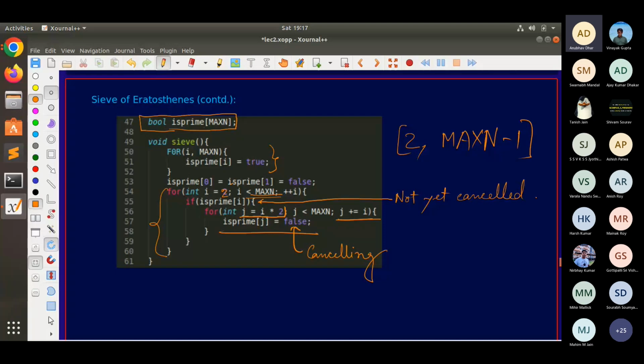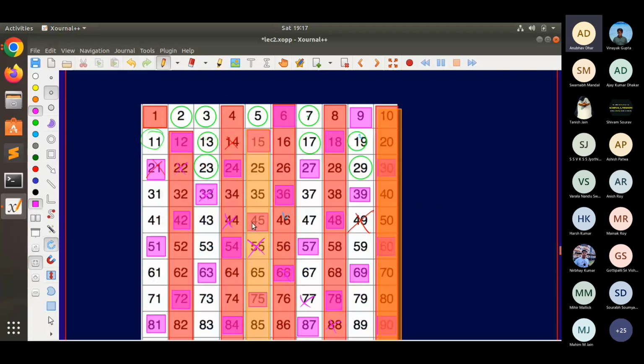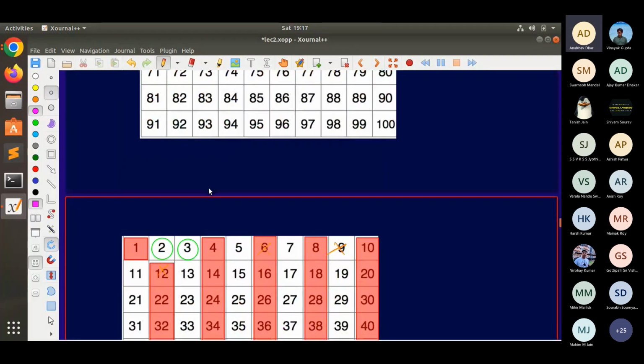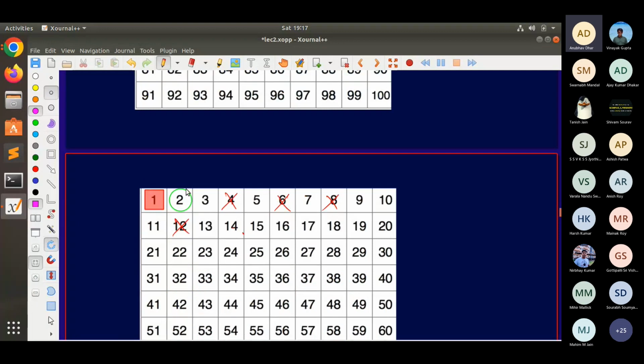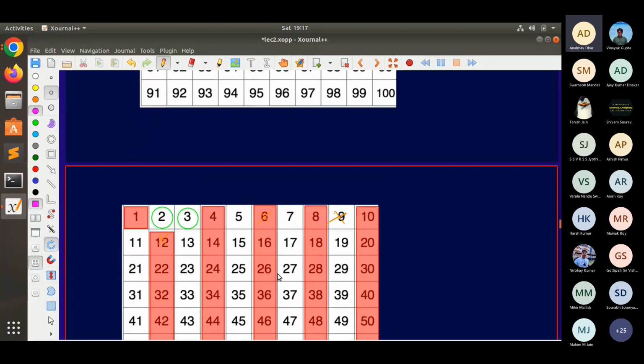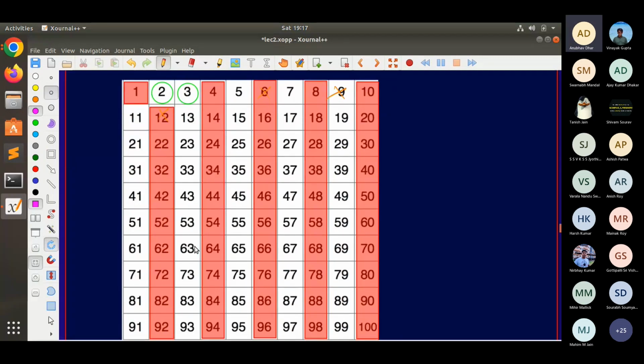Is the entire algorithm clear by now? I don't think it's very clear. Okay, so instead of putting green circles, you can imagine that I am picking the isPrime thing, and then for cross, I'm crossing the isPrime thing. So if initially everything is marked with a tick mark, I only need to cross stuff.